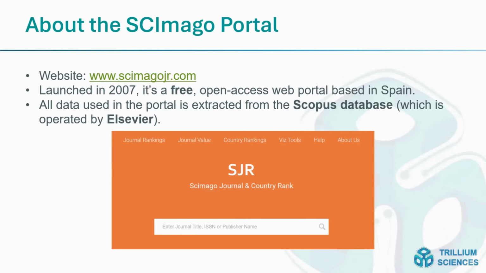All data used in this portal is extracted from the Scopus database only, no other databases. And we all know that Scopus is operated by Elsevier, and this is the homepage of SCImago Journal and Country Rank.